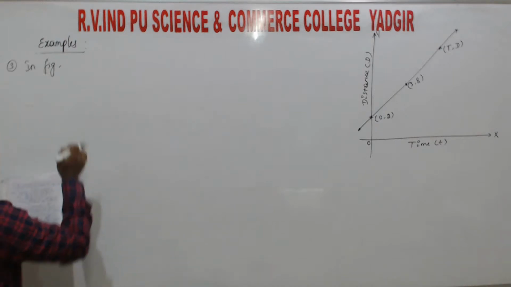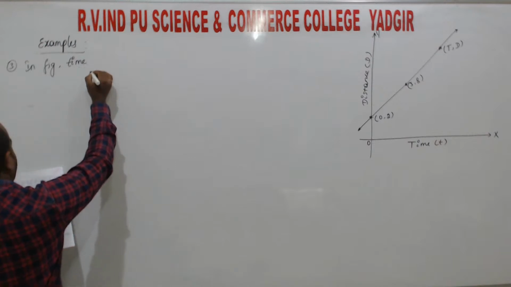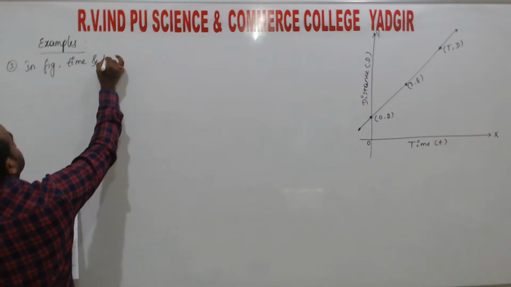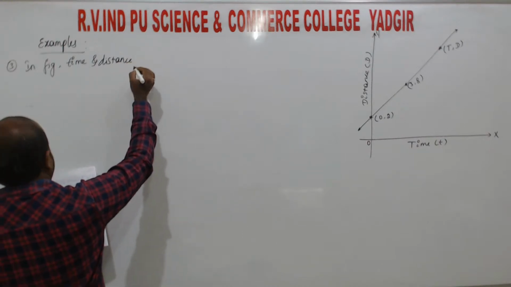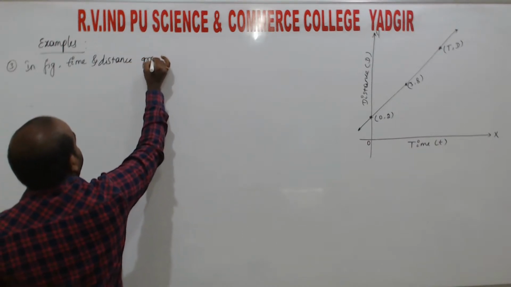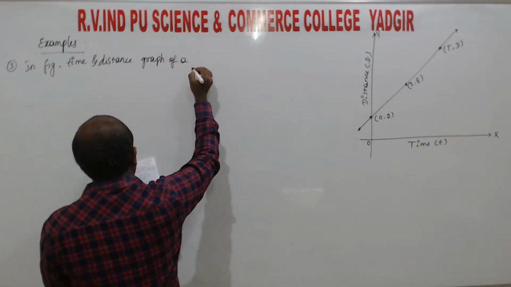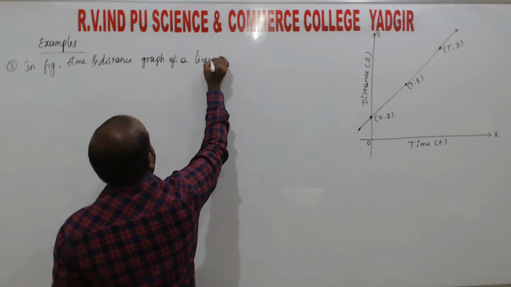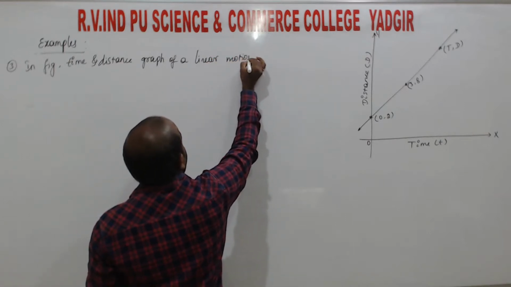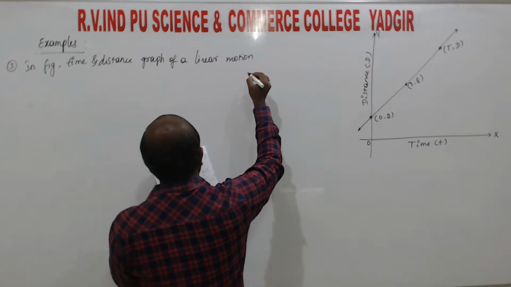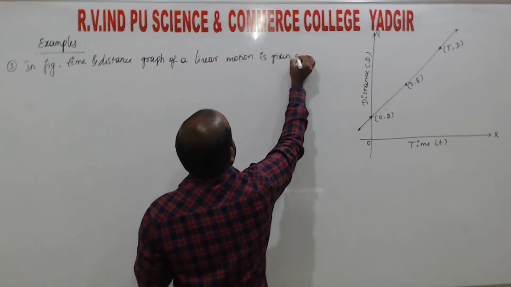In the figure, time and distance, the graph of a linear motion is given.